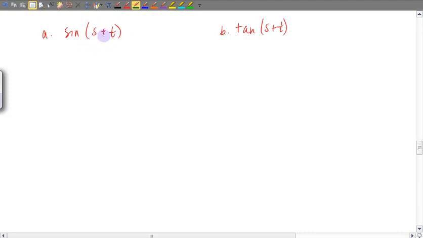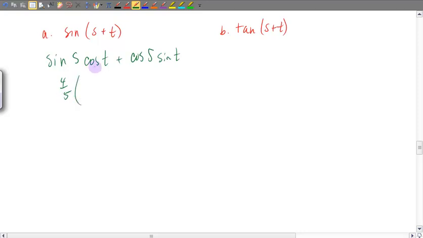So if the first question says I want to find out what this is, then I use the sum identity for sine. Let's rewrite that. It's the sine of the first times the cosine of the second plus the cosine of the first times the sine of the second. Well, the sine of s, we just calculated to be 4/5.